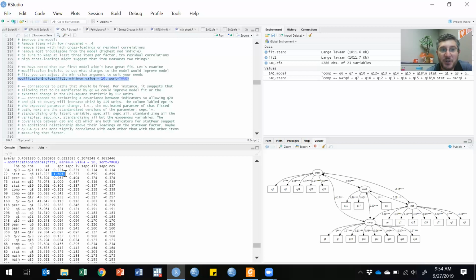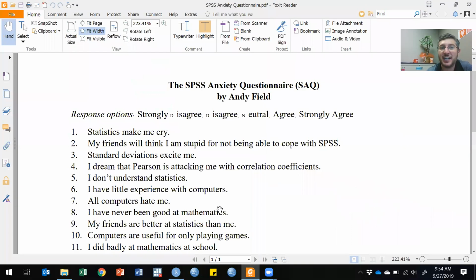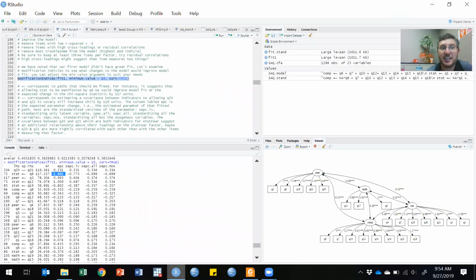Also, it's saying that there would be a negative relationship. So we could go back to our question set and look. It says, I have little experience with computers. Does that make sense as stat fear being manifested by that, and should it be a negative relationship?